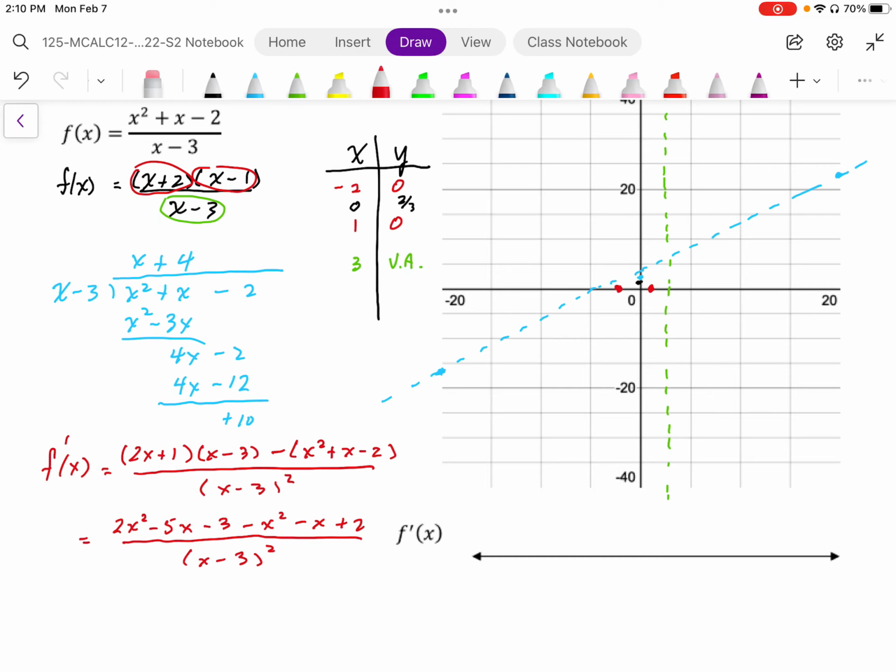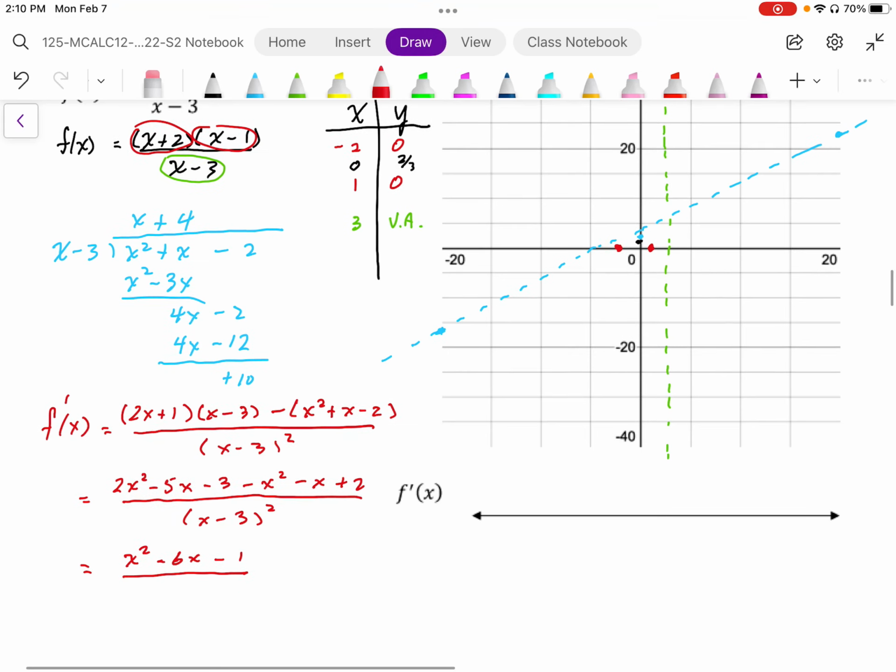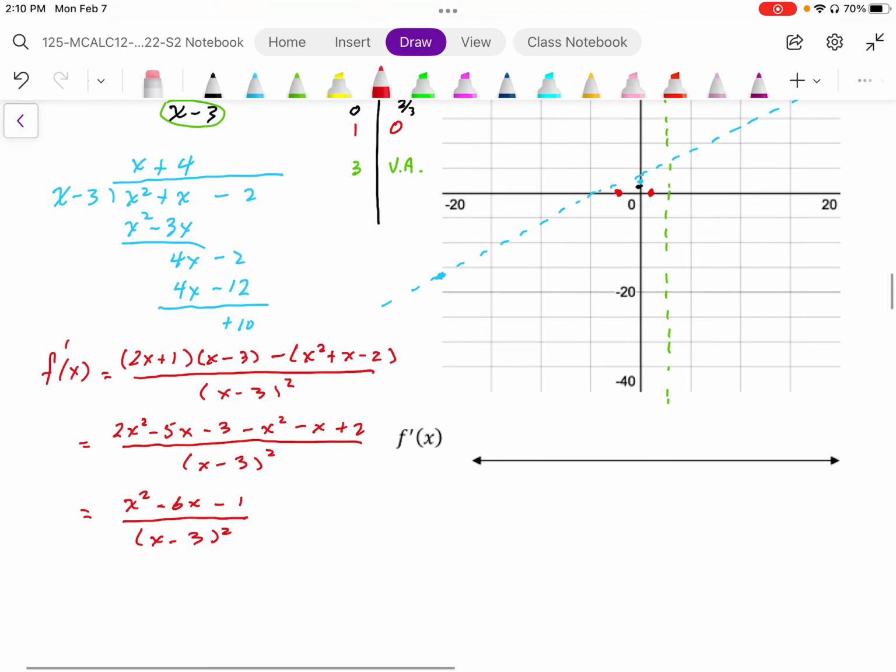Simplifying this, we get x squared minus 6x minus 1 in the numerator, and in the denominator, we end up with x minus 3 all squared.